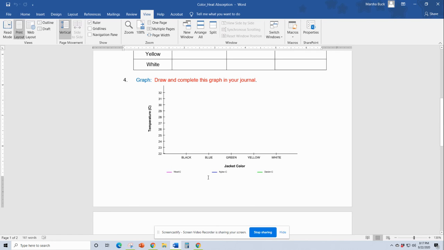Your nylon, maybe you could make little circle dots. And then maybe the denim could be like a dashed line. So you can just do a solid line, little circles, and then maybe dashes, just so we can tell the three lines apart. So you'll want to pause the video and get this drawn in.